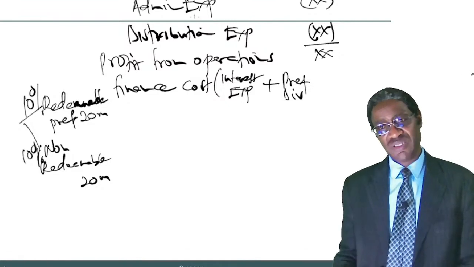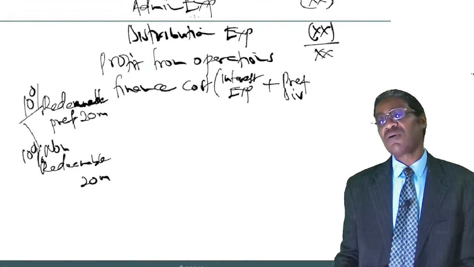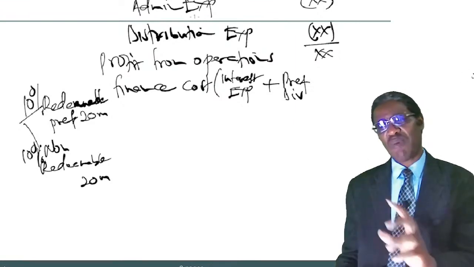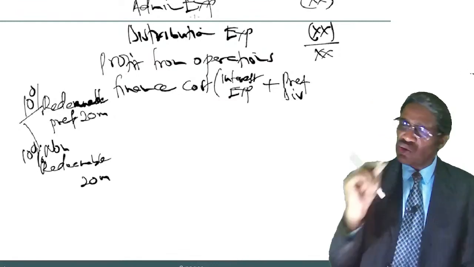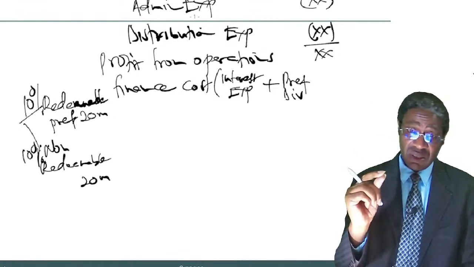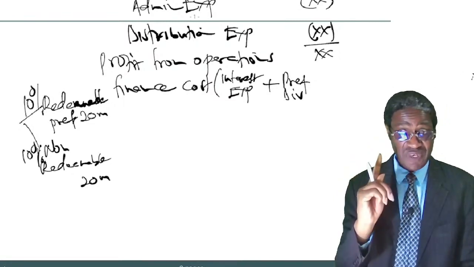Okay, now listen, let me assist you. Now, before I even talk about that, listen. These two types of preference shares, the redeemable and the non-redeemable. Listen carefully.